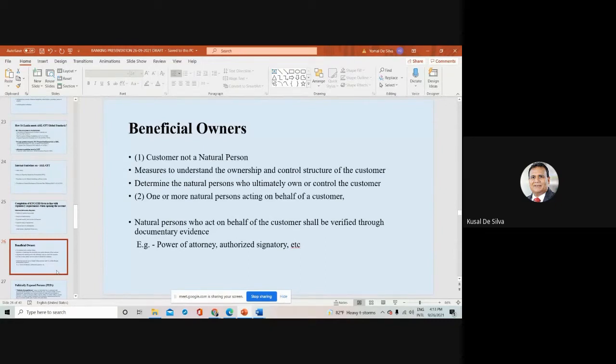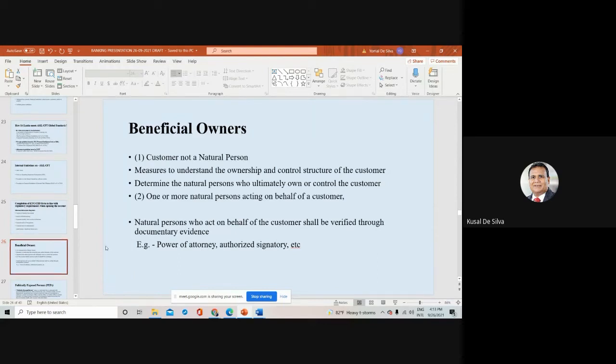Number two, one or more natural persons acting on behalf of a customer. A natural person who acts on behalf of the customer shall be verified through documentary evidence, such as power of attorney or authorized signatory.